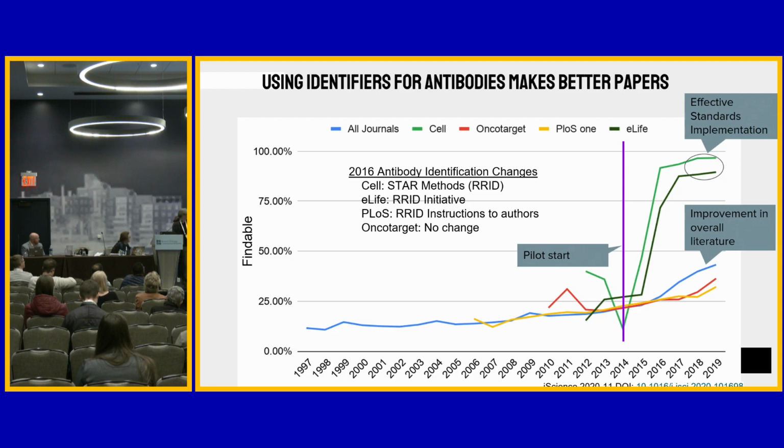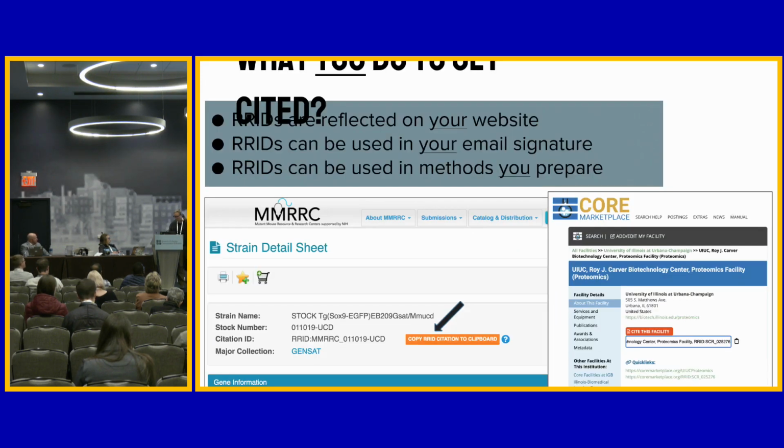But if you look right there in 2014, when we started the RRID initiative with 25 journals, we're starting to change the slope of that blue line a little bit. And that blue line really shifts when big journals like Cell and eLife actually come in, because they are much closer to requiring the RRIDs than anybody else, and it sort of shifts that entire curve up. Journals like OncoTarget, which never did a darn thing with us, are coming along for the ride, which is great.